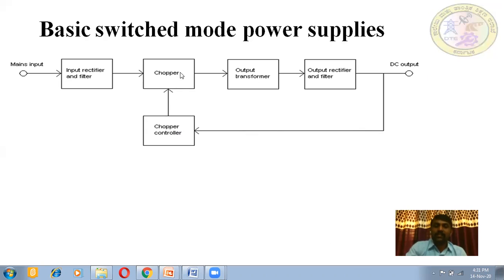The chopper is just a switch, and that switching is controlled by this control signal. So this is performed in fractions. Therefore, once you design this power supply for a particular output voltage, that is provided all the time.